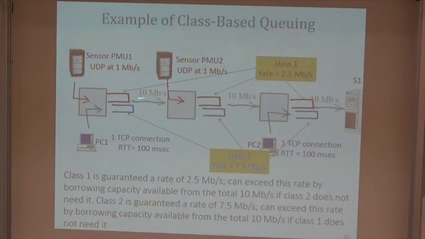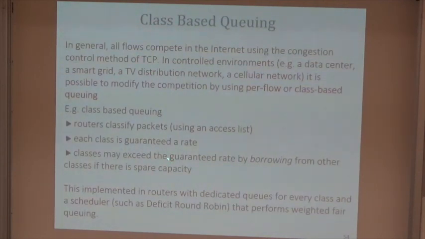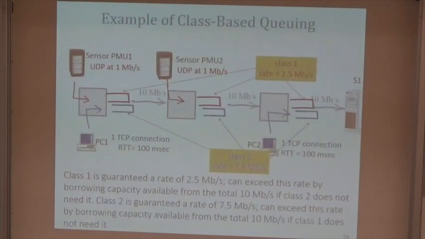Let me assume that I have simply a way to classify all traffic in my network as red or blue, and I have schedulers that will guarantee this. Now, a property of those schedulers is that they provide a guarantee, but they are flexible in the sense that you can borrow from other classes if there is spare capacity. It means that if the red traffic is not existent, if the red traffic is 0, then what will the scheduler do?